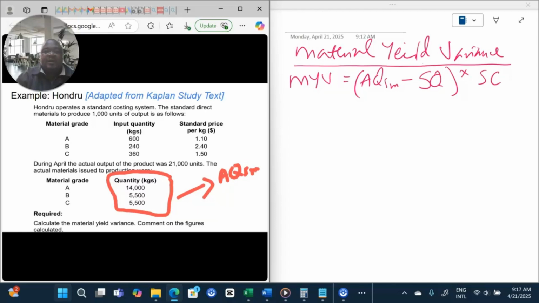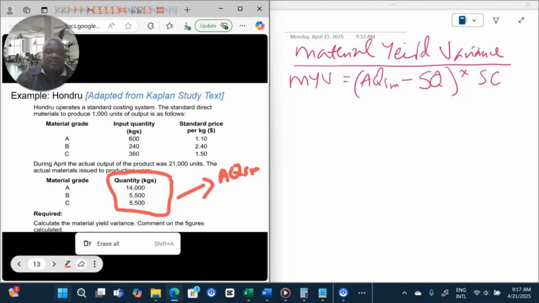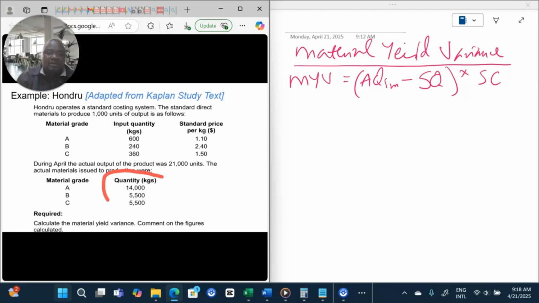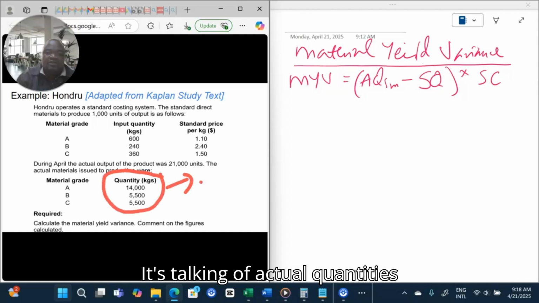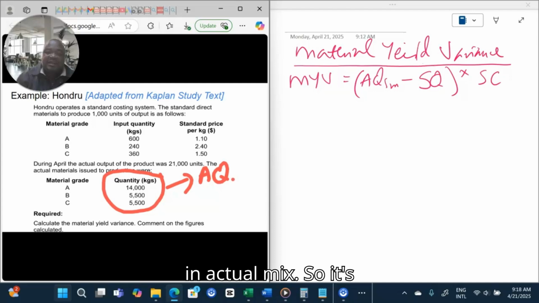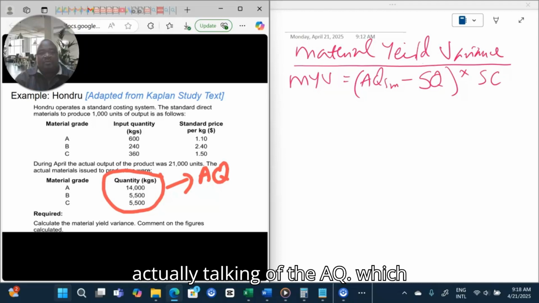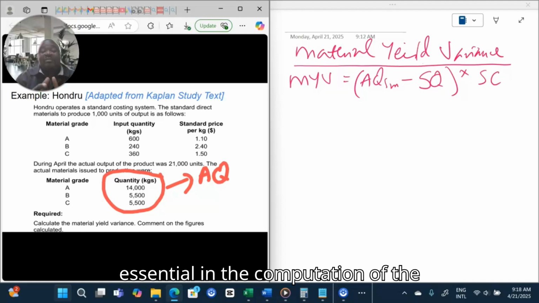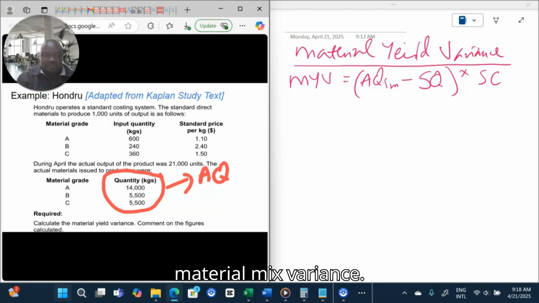All right. In actual mix. It's talking of actual quantities in actual mix. So it's actually talking of the AQ, which was used or which is essential in the computation of the material mix variance.